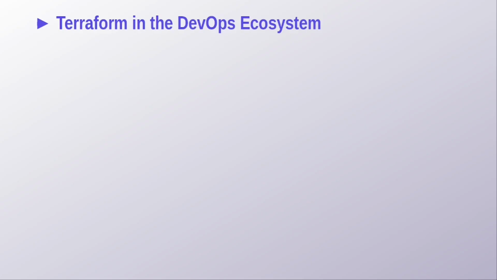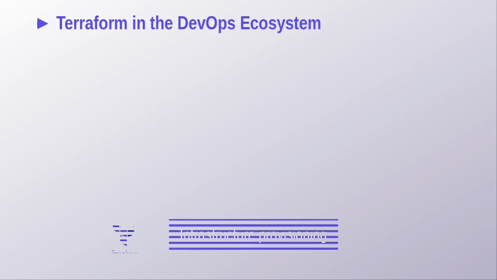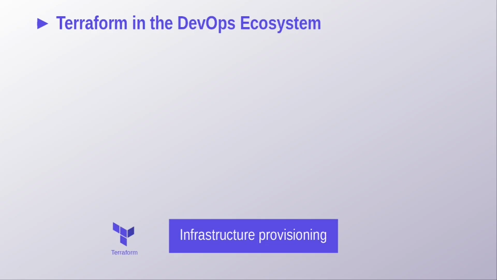Terraform in the DevOps ecosystem. Terraform does not work alone, it is part of a bigger system. Terraform is used for provisioning infrastructure, that means networks, servers, databases, load balancers.